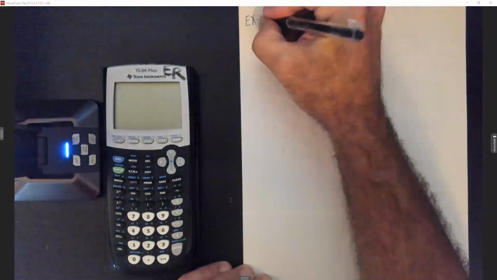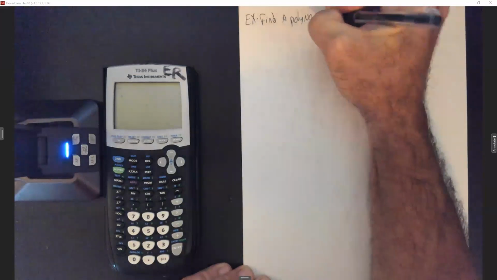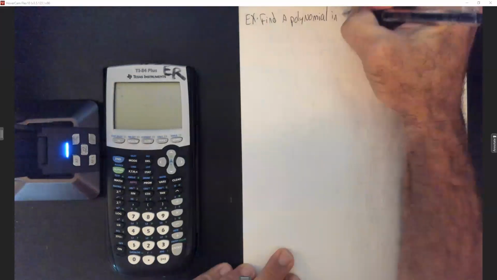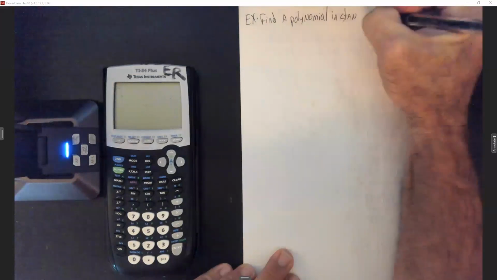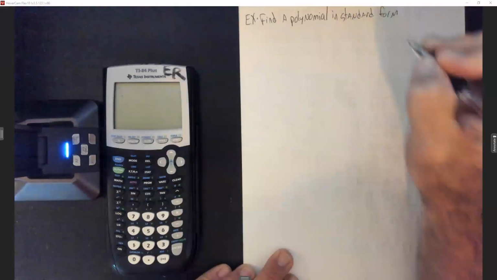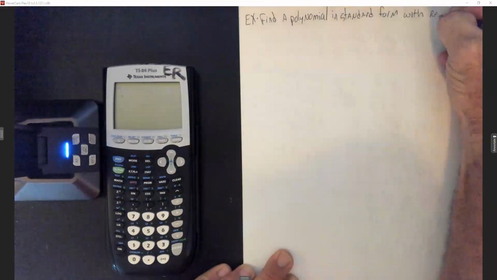So this one just says find a polynomial in standard form with real coefficients.